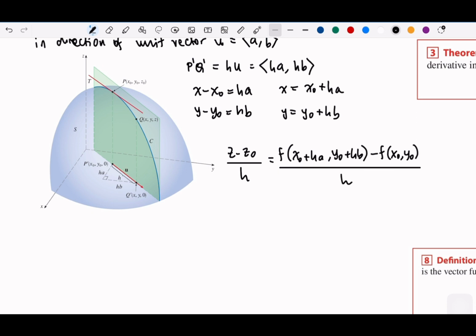Okay. And if we take the limit definitions when h is getting closer to 0, this will be the limit definition for the rate of change.